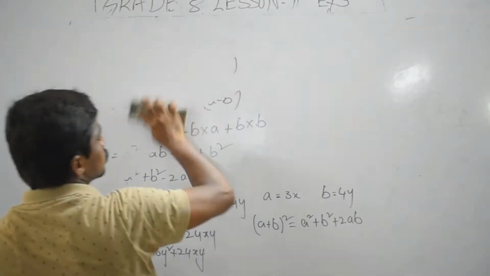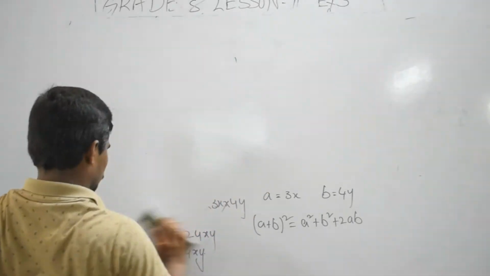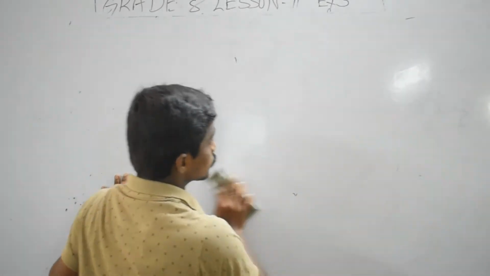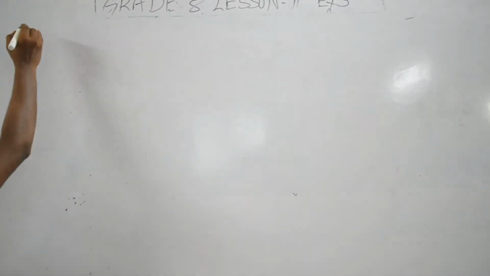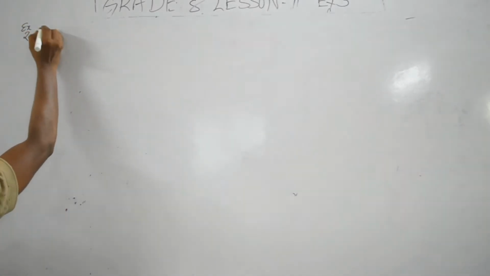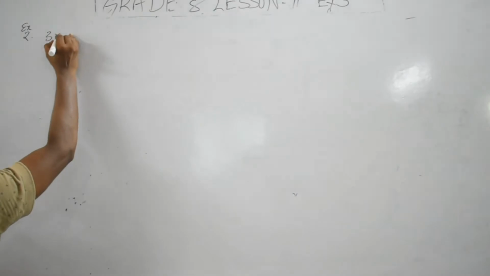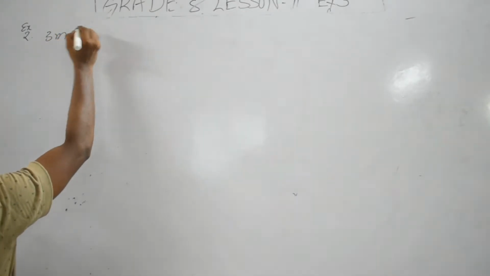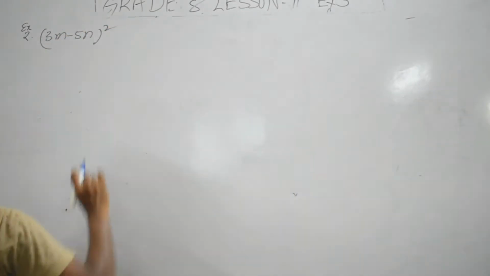Next one. Next problem example, (3m minus 5n) whole square. This is the identity of (a minus b) whole square.